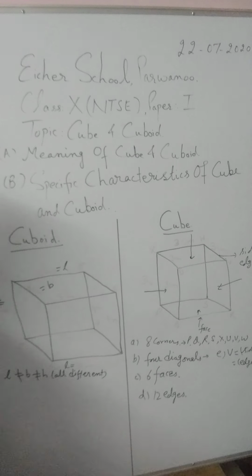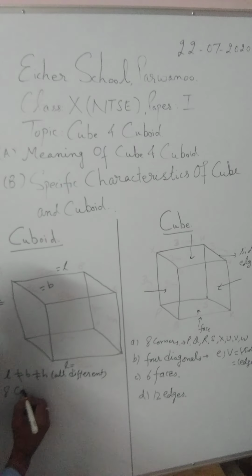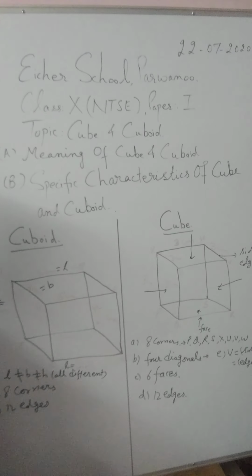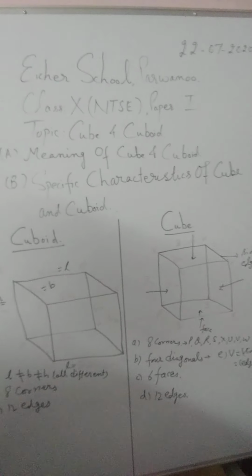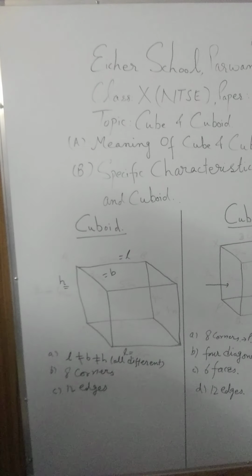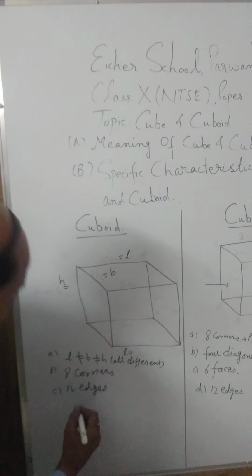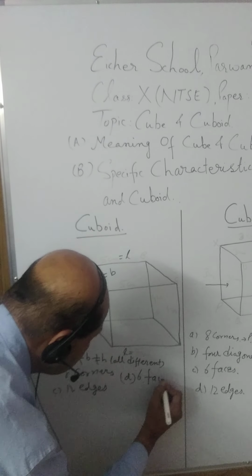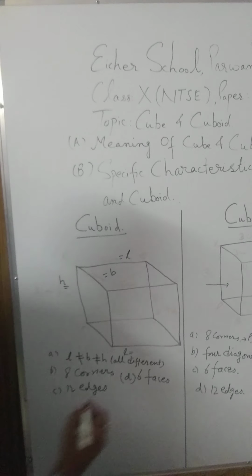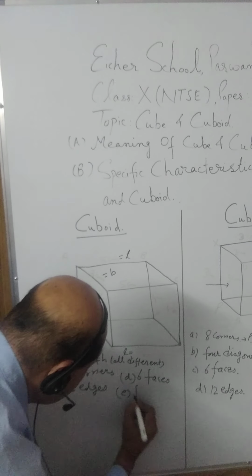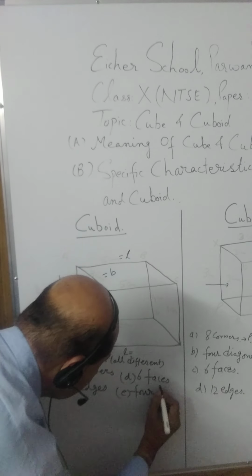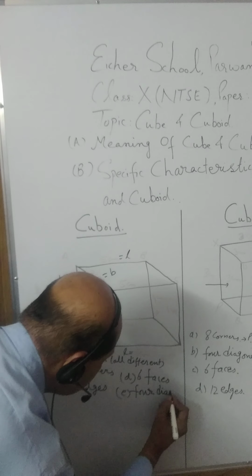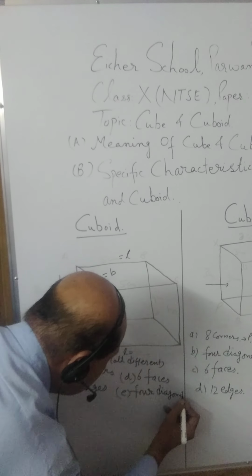Other things, it has 8 corners as usual, no problem. Then it has 12 edges, no difference. And thereafter, if we see carefully, we have 6 faces as it is, and then 4 diagonals as usual in a cube.